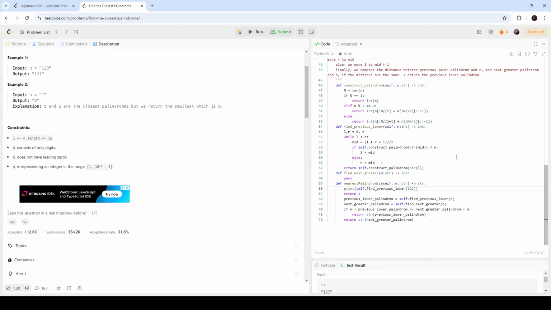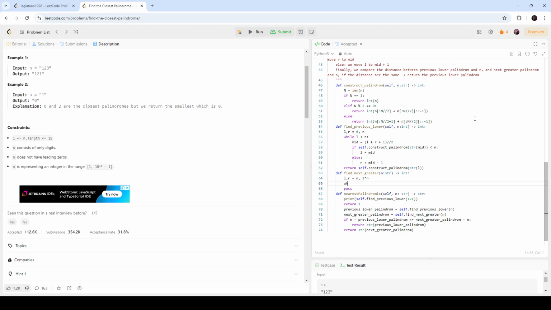So now we're going to write our find next greater method. Our search space will be from n to whatever you like, right?